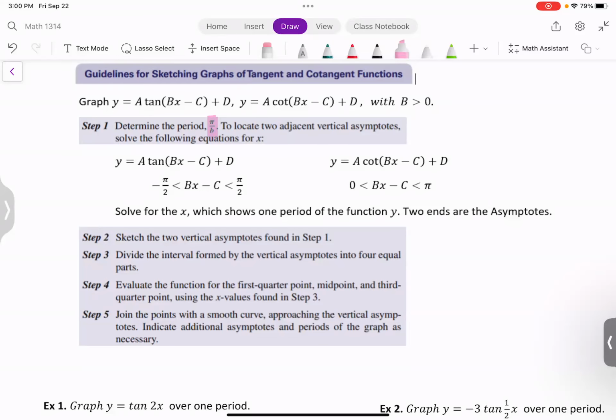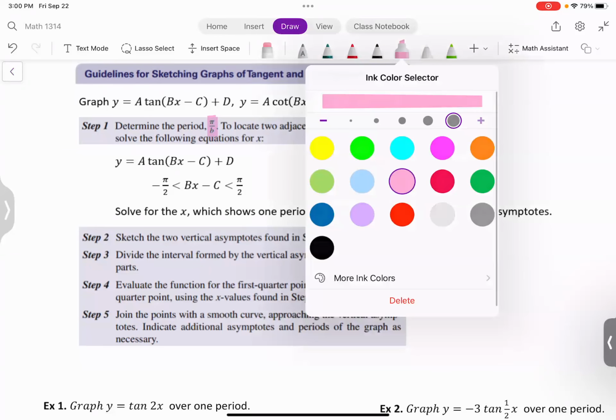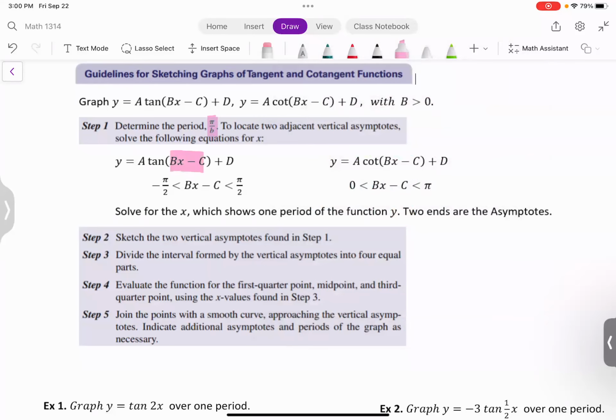Okay, so look at the parentheses. What do we have? We have bx minus c. So put the bx minus c between negative half pi and positive half pi. Why do I need to list my one full cycle between these 2 numbers?